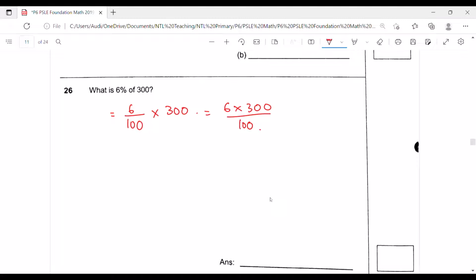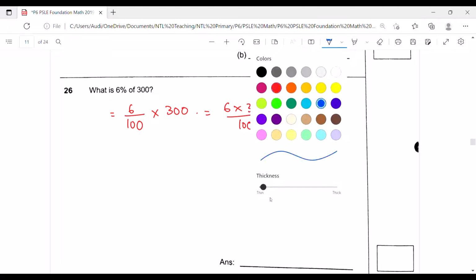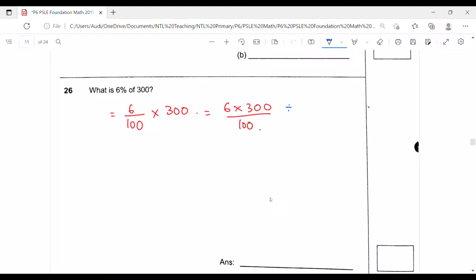Now, before you do any multiplying, what you can do is, if you see zeros at the top and zeros at the bottom, it means that you can divide by 100. Okay, divide by 100, divide by 100. So cancel 1 zero at the bottom, cancel 1 zero at the top, cancel 1 zero at the bottom, cancel another zero at the top.